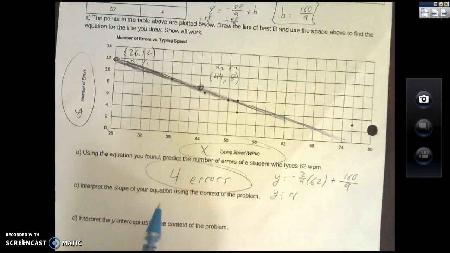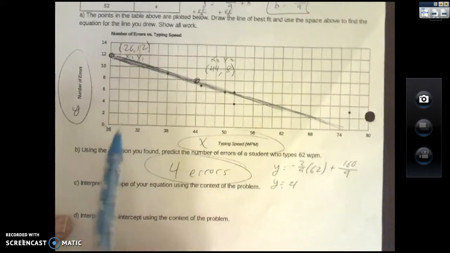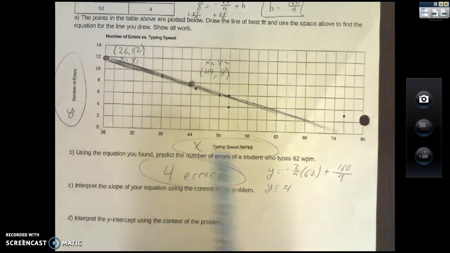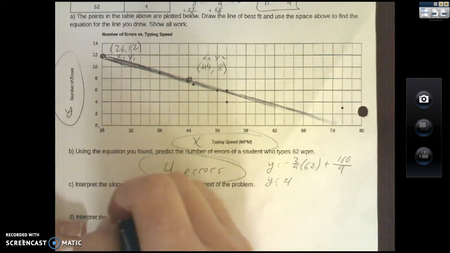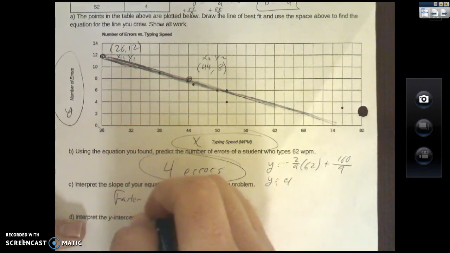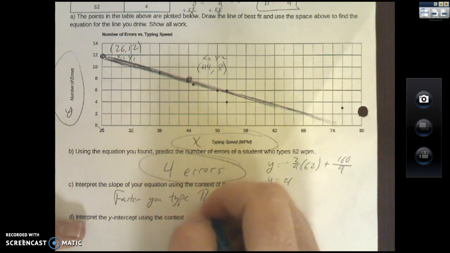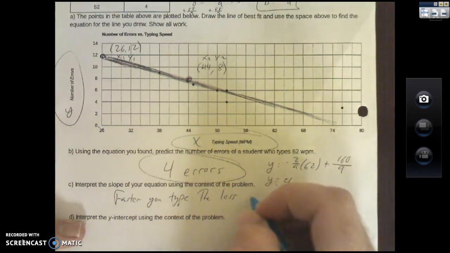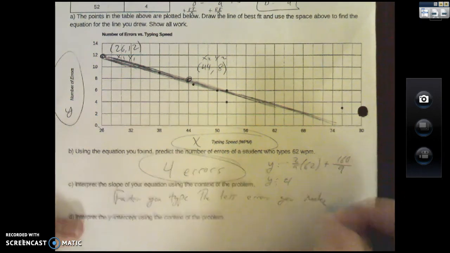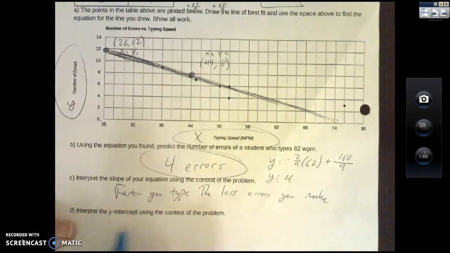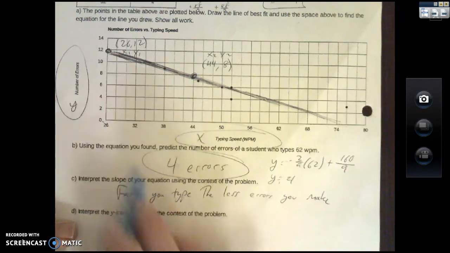Interpret the slope of your equation in the context of your problem. All it's saying is this. And think about this: the faster you type, the fewer errors you make. And then interpret the y-intercept using the context of the problem.